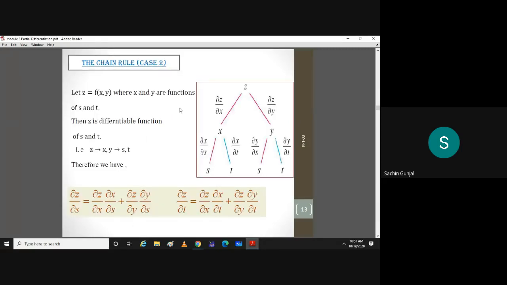The second case was if z is a function of two variables x and y, and these x and y are also functions of s and t.